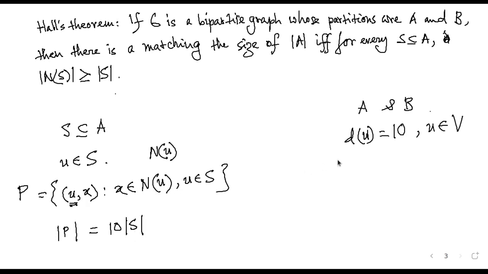Now consider a random X in a random N of U, where U is in S. How many times can X occur in here?